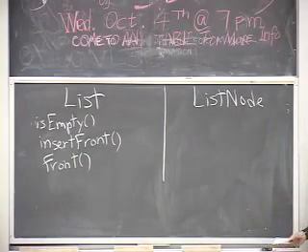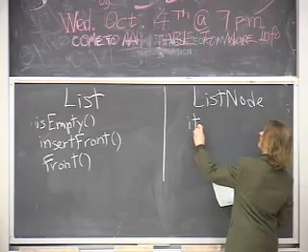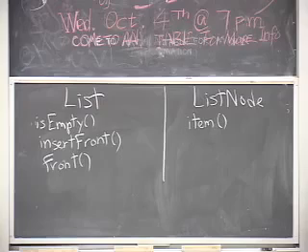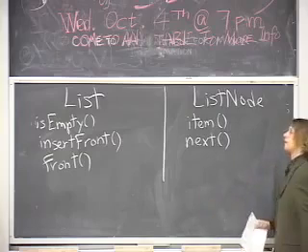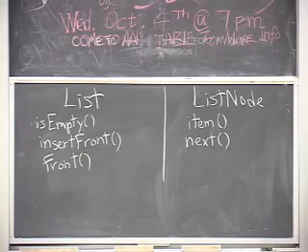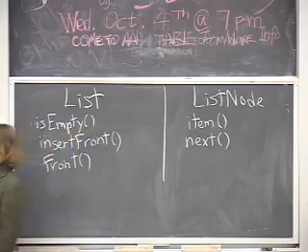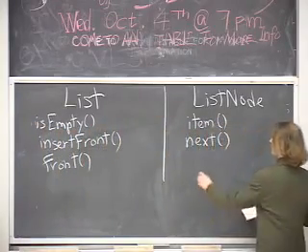But there are other things that make more sense in the list node class, like, well, in homework 5, you may have noticed there's an item method by which you look up the item that's in a node. There's, of course, a next method that finds the next node after a current node. And as I'm saying here, it makes a lot of sense to put methods like remove and insert after into the list node class as well.